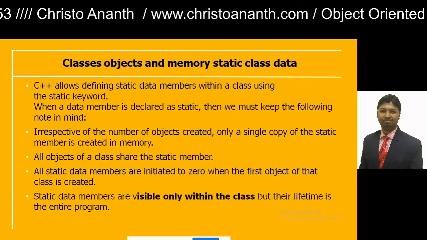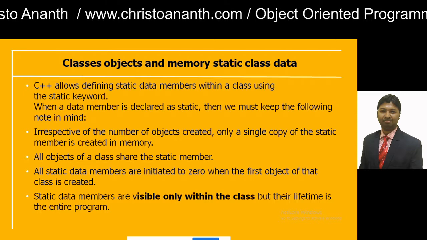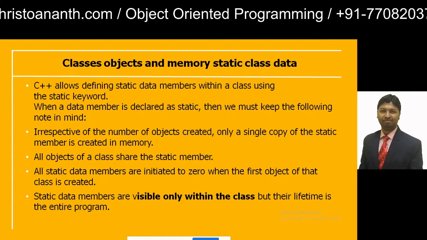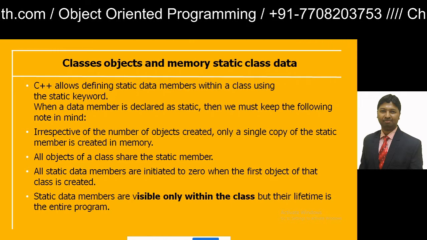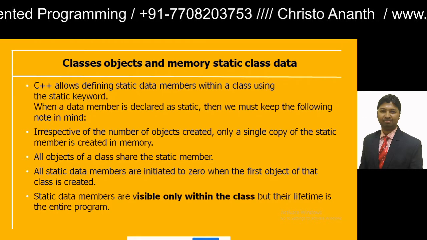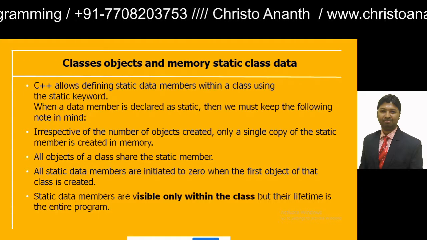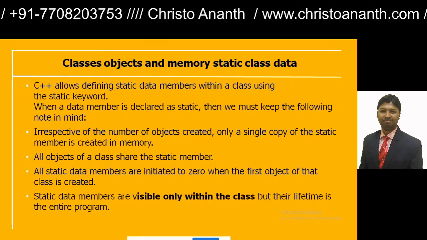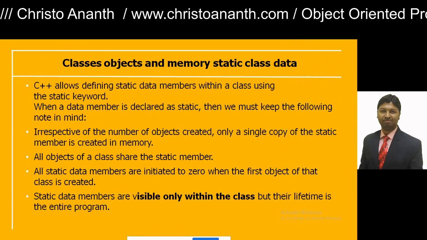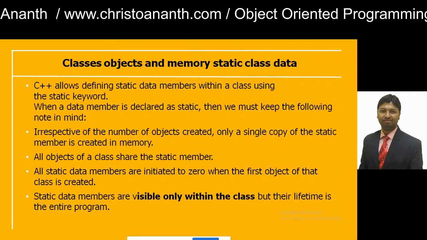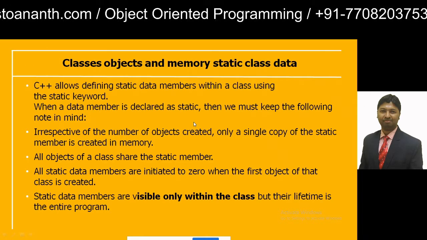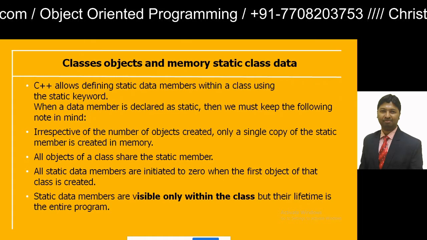All objects of a class share the same static member, and all static data members are initialized to 0 when the first object of the class is created. The static data members are visible only within the class, but their lifetime is the entire program. So this is all about classes, objects, and memory static data.